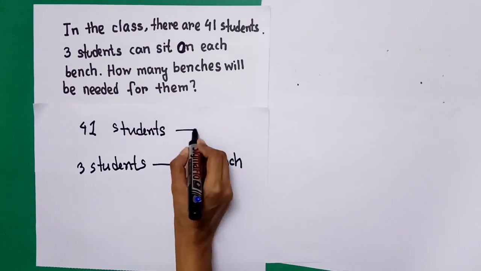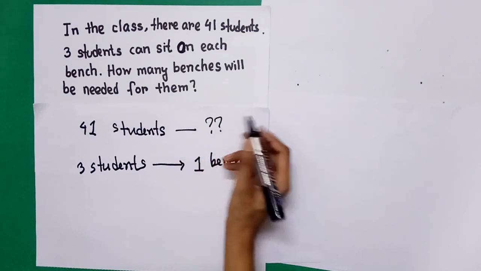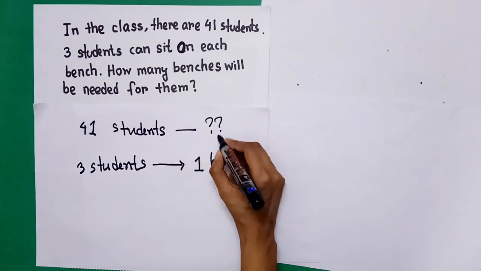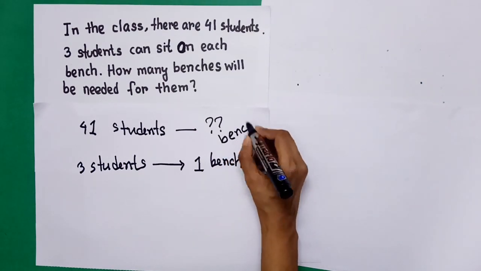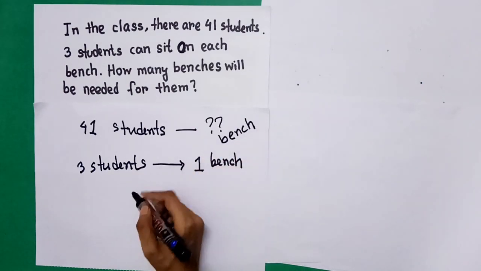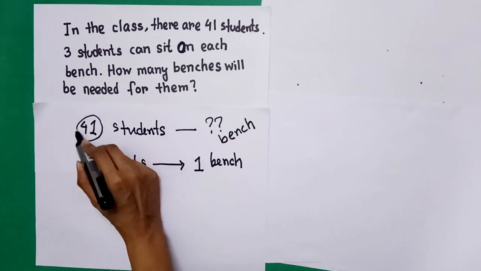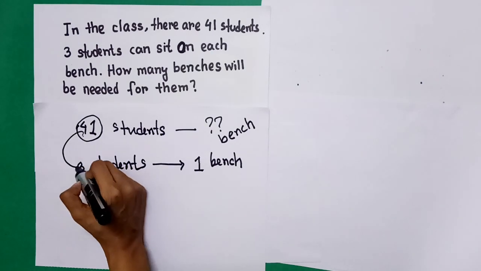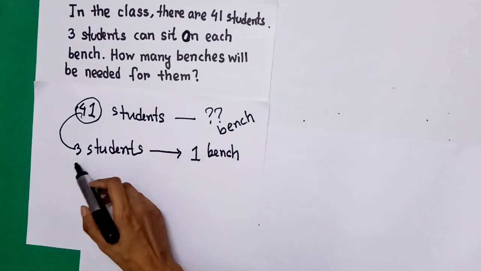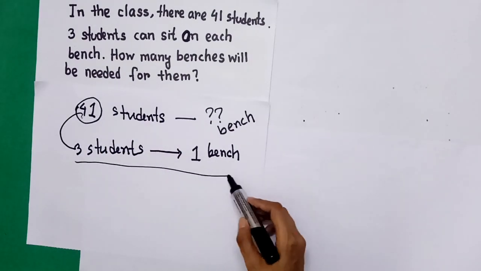Then we have to find how many benches we will need for 41 students. We have to divide 41 by 3. We have to first write this line.